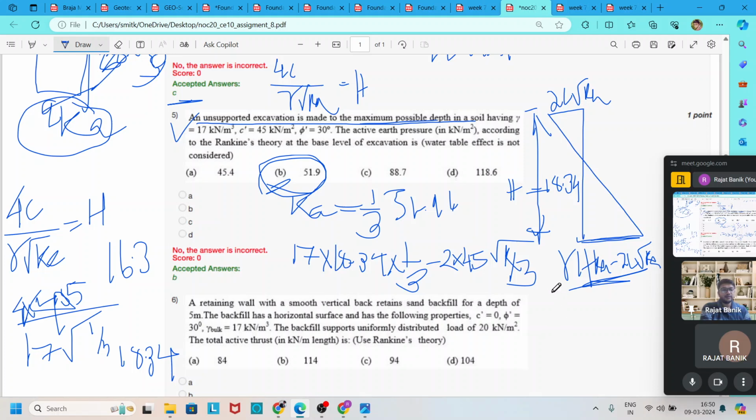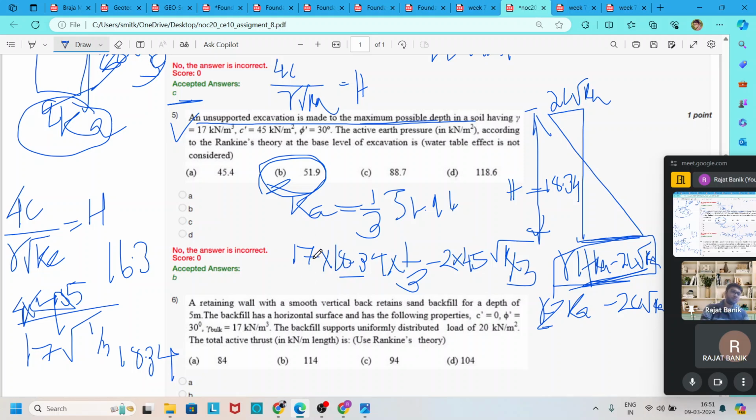We know that active earth pressure at any depth for C-phi soil is gamma into Z into Ka minus 2C root over K. We put Z equal to H. Here H is 18.34, K is 1 by 3, and it becomes 51.9 kilonewton per meter square at the bottom of the excavation level. So the answer is option B.